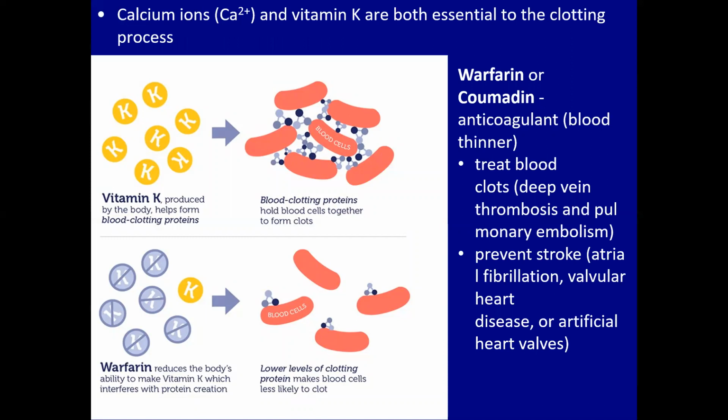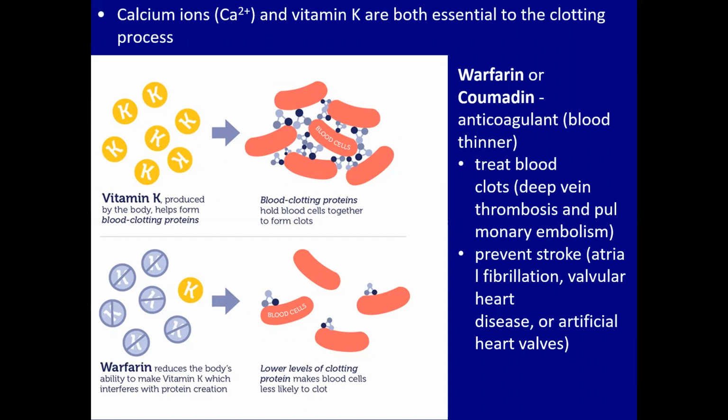In order for clotting to occur, you have to have calcium and vitamin K. As you can see here in the image, vitamin K helps you to clot, and it helps you to form these blood clotting proteins that are necessary. And that's going to hold the blood cells together.